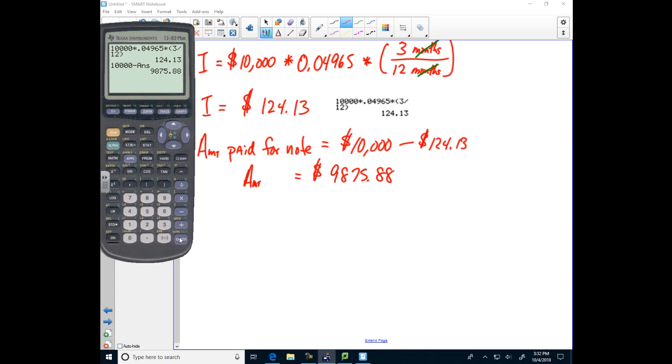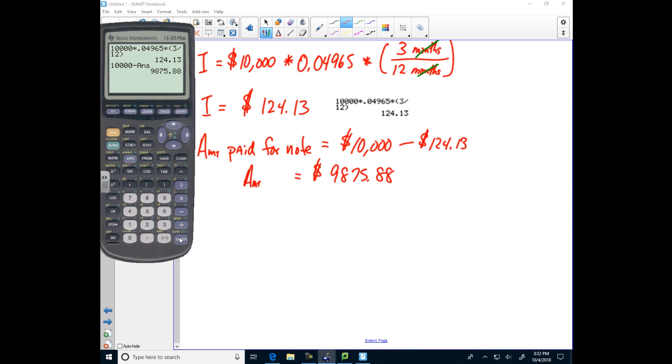To buy the $10,000 T-bill, we had to fork over $9,875.88. For that money, we get a $10,000 T-bill, which is worth $10,000 in 3 months. It's not worth that now, but in 3 months, it's worth $10,000.